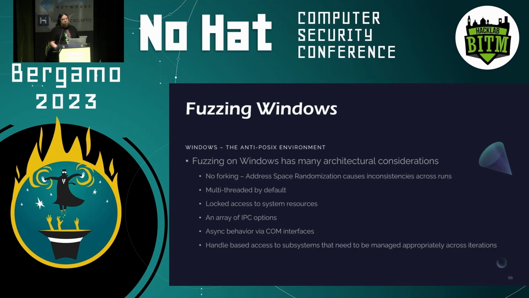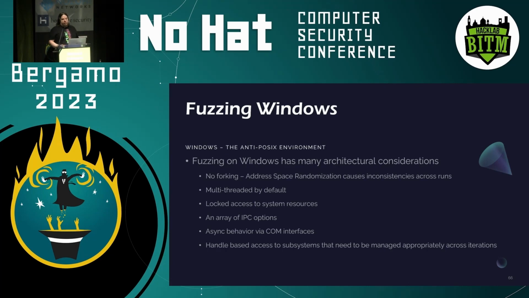And also Windows is a very handle-based architecture where if you're going to be accessing a type of resource in the operating system, you tell the kernel that and it gives you a handle. And it's different than a file descriptor, even though we use it kind of similarly. It's more complex and tends to have locks and sharing considerations on the kernel side.